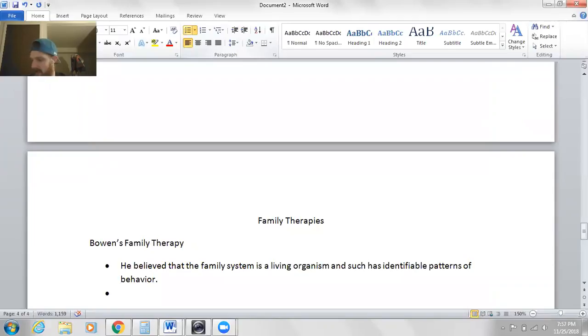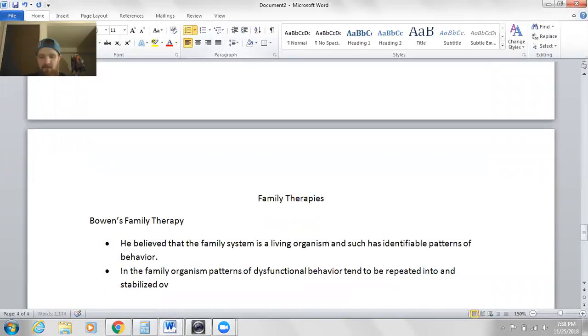Within the family organism or structure, patterns of dysfunctional behavior tend to be repeated and stabilized over time and undermine family relationships.